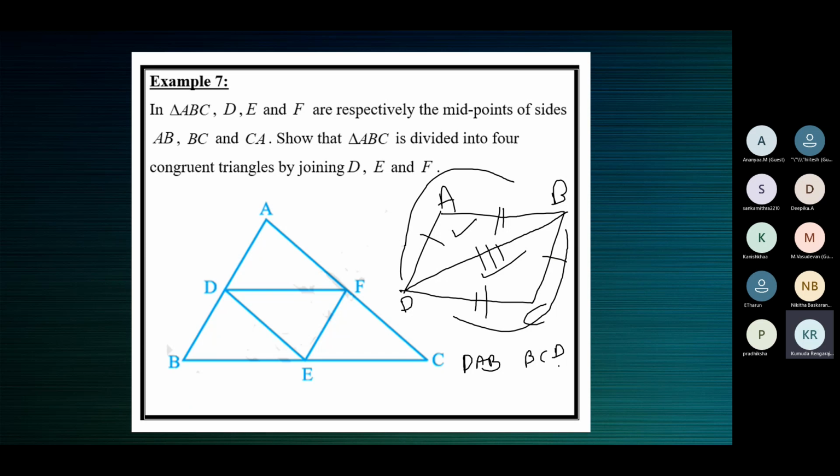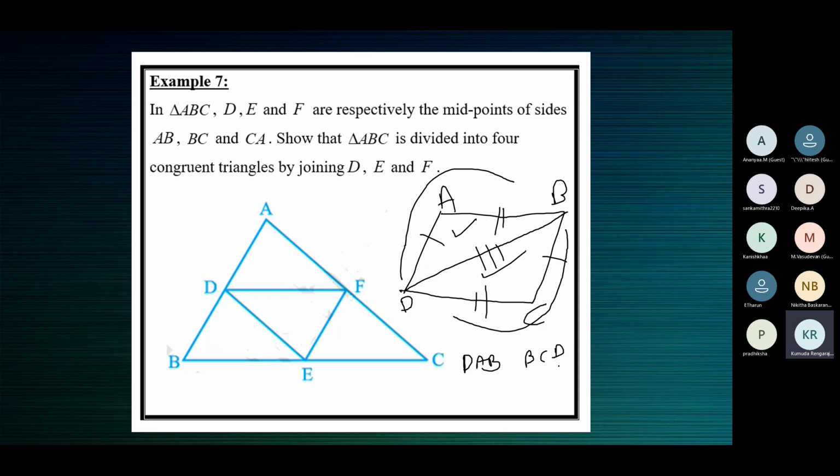So this is the property of the diagonal of a parallelogram. The diagonal divides the parallelogram into two congruent triangles. And congruent triangles are equal in area.